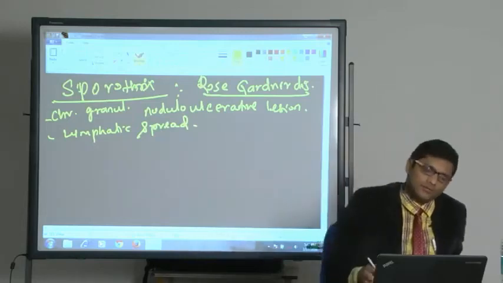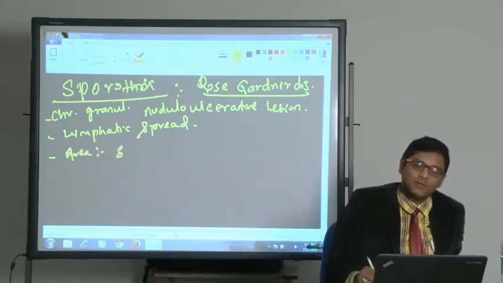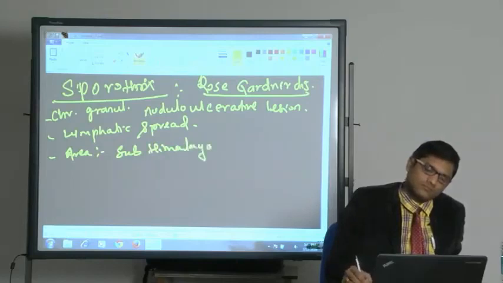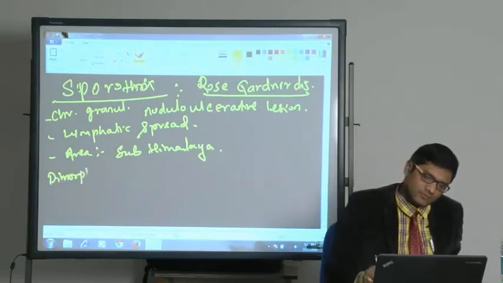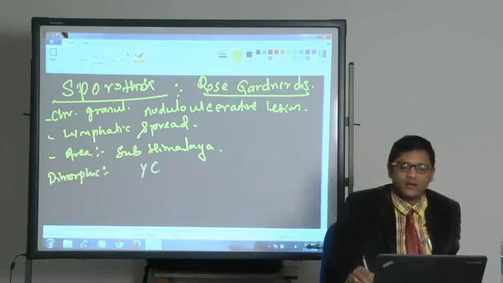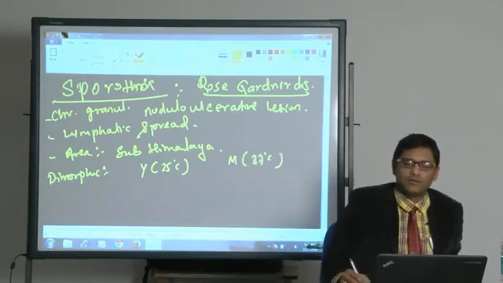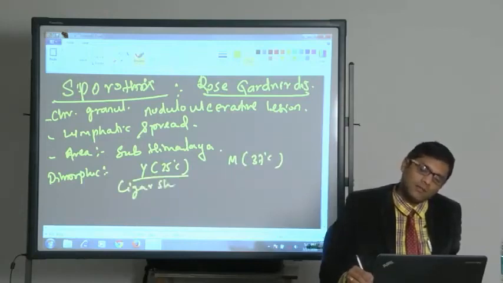And of course, the most common geographical distribution will be sub-Himalayan. Don't forget it is a dimorphic fungus, that is yeast at 37, mold at 25. The yeast form is described as cigar shaped bodies, and the asteroid body.